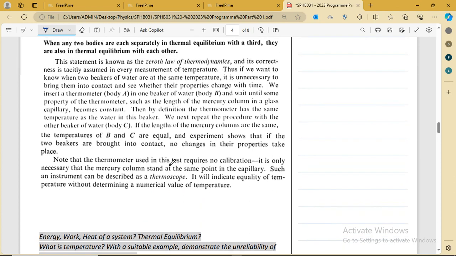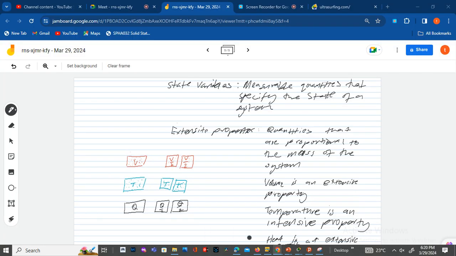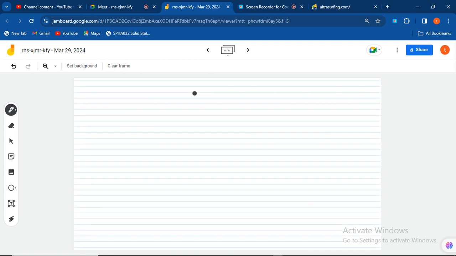You have to know what thermal equilibrium is. What is the meaning of thermal equilibrium?